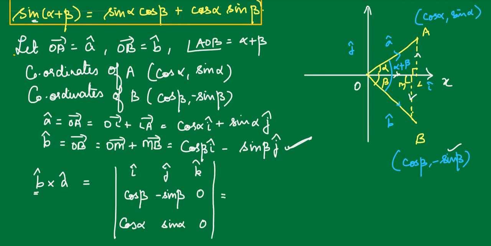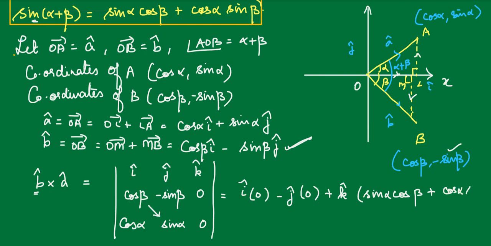Expanding the determinant, this is equal to i cap into 0 minus j cap into 0 plus k cap into, taking the cross product, sin alpha cos beta minus of minus, so plus cos alpha sin beta. Now this gives us k cap into sin alpha cos beta plus cos alpha sin beta. This we take as equation number 1.